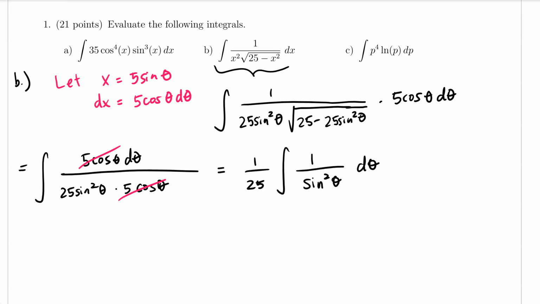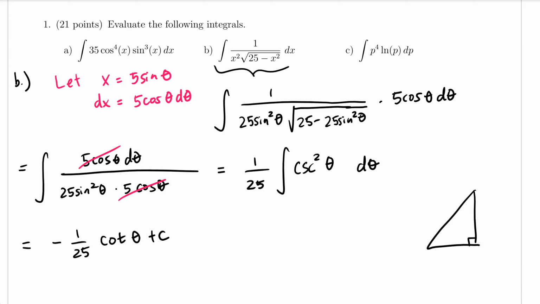And using the reciprocal identity for sine, I'm going to rewrite this as cosecant squared theta, and the antiderivative of cosecant squared theta is negative cotangent, so then this becomes negative 1 over 25 cotangent theta plus c. And now I'm going to go ahead and draw a right triangle. Here's theta.